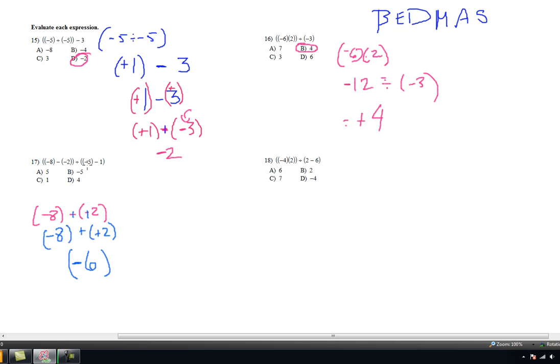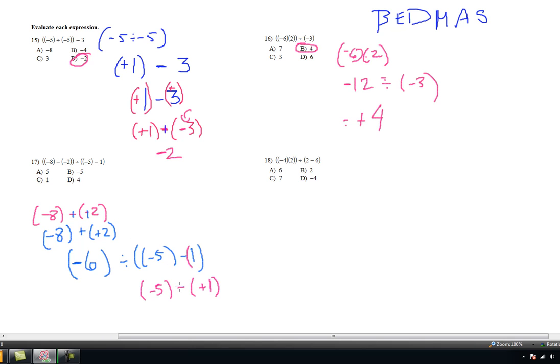Okay. Now we'll look at this bracket right here. We have a -5 subtract by 1. Okay. So again, we have a subtraction, so I'm going to first put a bracket around this 1. Put both of my numbers in brackets, and I know that this 1 is a positive 1. Okay, so now I'm going to switch the signs.